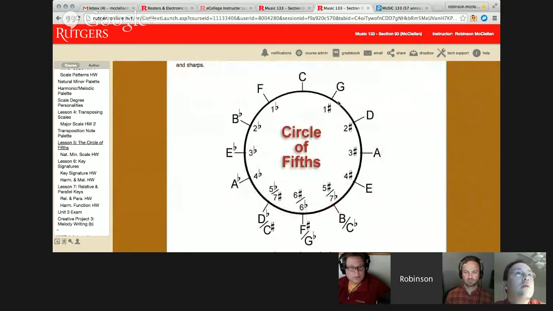And I would add to that you can think of it as notches on the circle of fifths. So if I understand you right, adding and subtracting sharps and flats is like moving around the circle of fifths in notches.